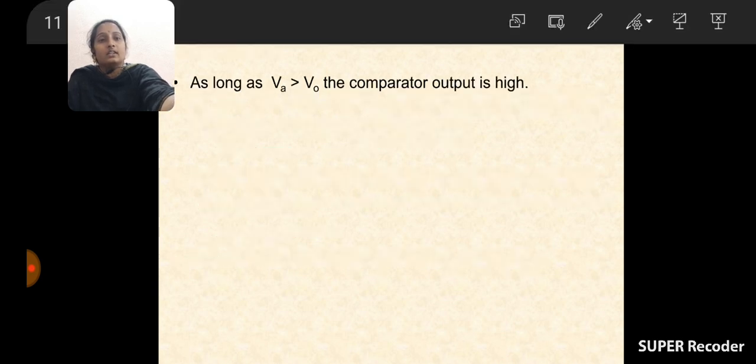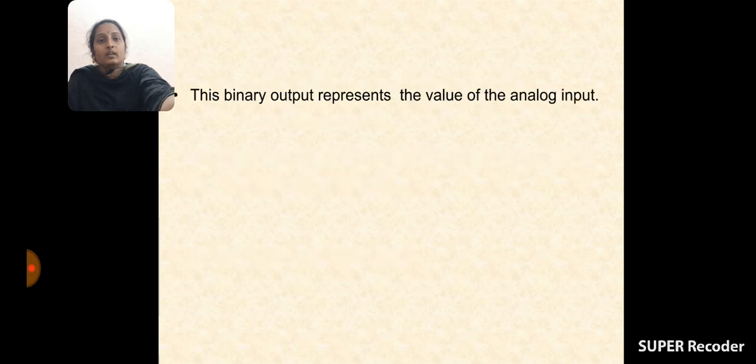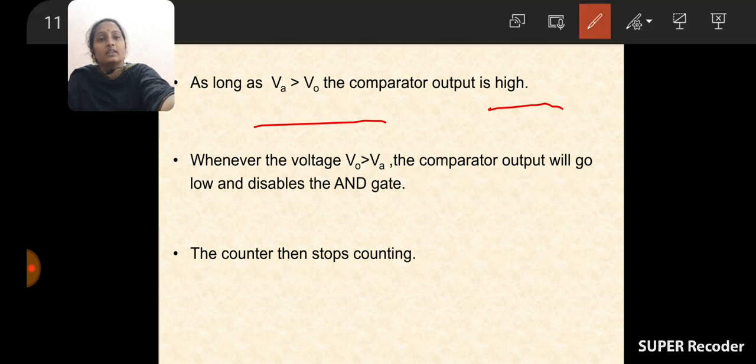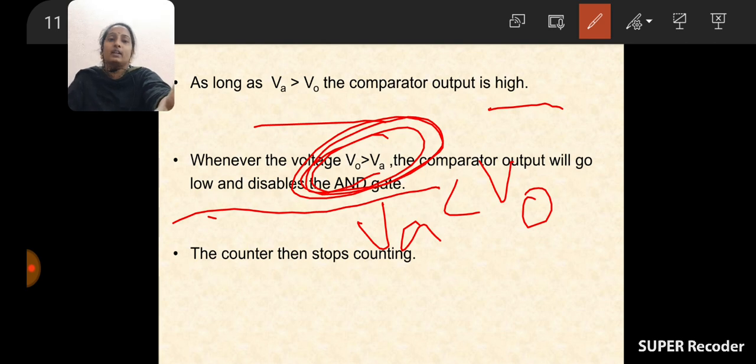And in the next case, when VA is greater than V0, the comparator output is high, but when V0 is greater than VA, if it is reversed, that means VA is less than V0, the comparator output goes low and disables the AND gate.